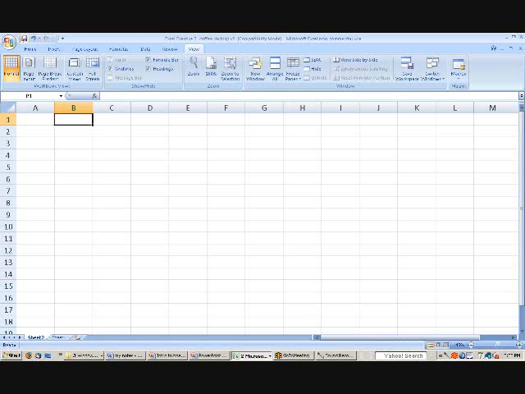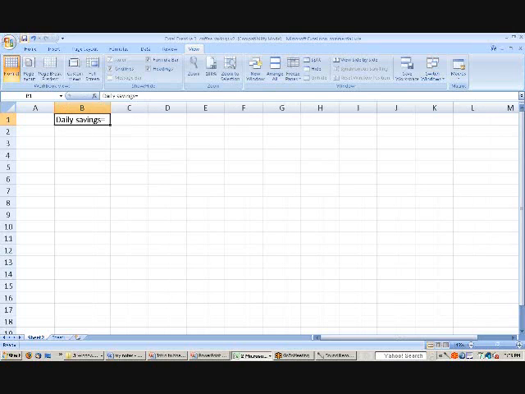So the inputs are going to be, first of all, daily savings of $2.50. We have an interest rate of 10%. And then compounding frequency, we're going to need to know that.